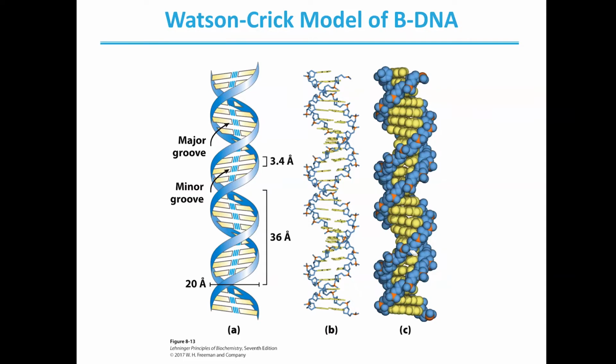Watson and Crick and Rosalind Franklin modeled DNA using X-ray crystallography. What they found is that DNA forms a double helix structure. And actually, it forms it in what we characterize as B-DNA.